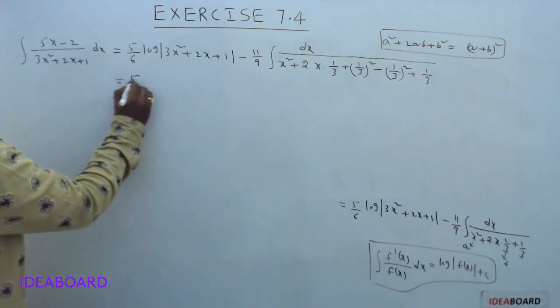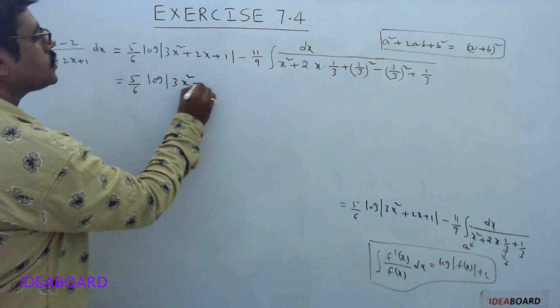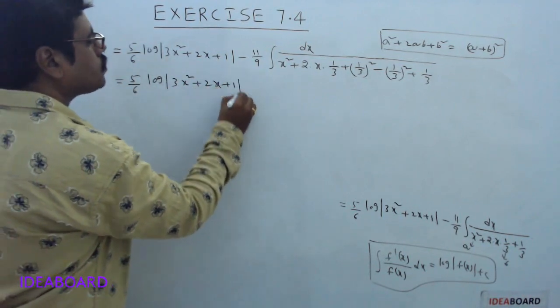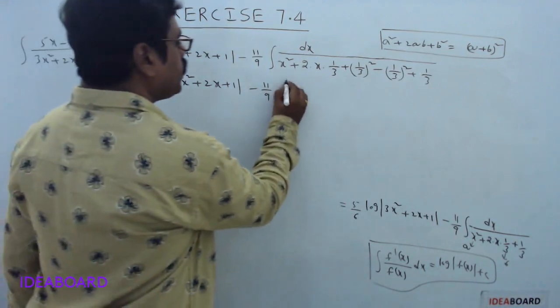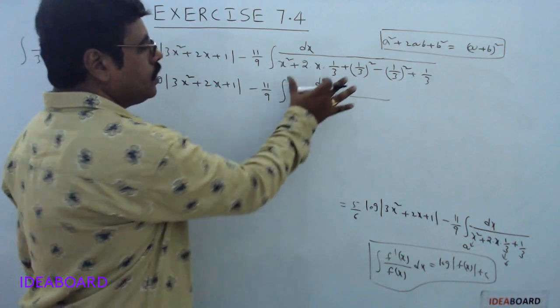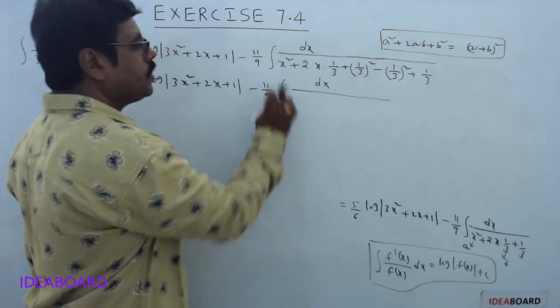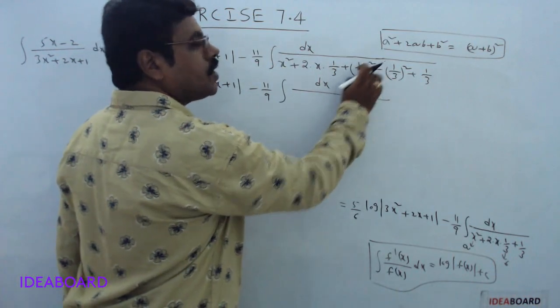Now this is 5 by 6 into log mod 3x square plus 2x plus 1 minus 11 by 9 into integral dx divided by, see the three terms, a square plus 2ab plus b square form.